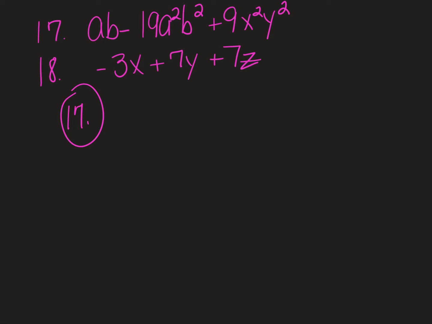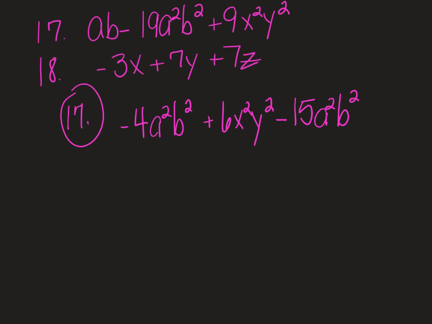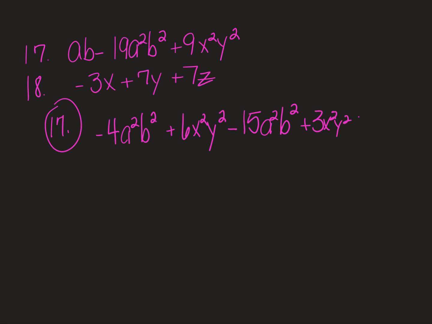All right, so number 17, the problem is a negative 4a squared b squared plus 6x squared y squared minus 15a squared b squared plus 3x squared y squared. It's such a long problem, I've got to have more room.